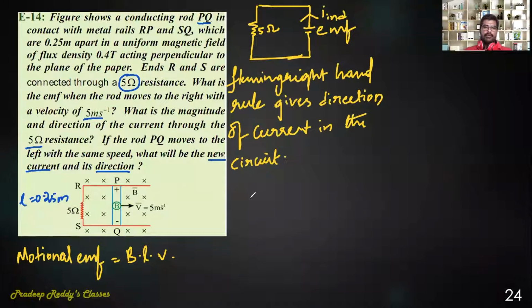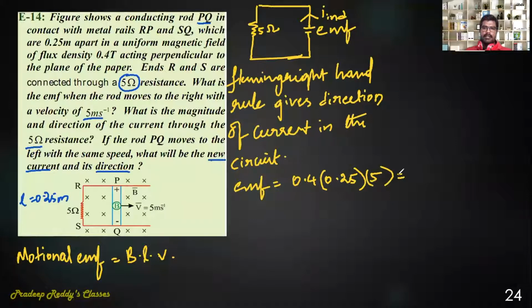So what is EMF produced over here? EMF produced will be equal to BLV. What is B here? Magnetic field is 0.4 Tesla. L is length of the conductor, it is 0.25. And V is velocity, which is 5 meter per second.